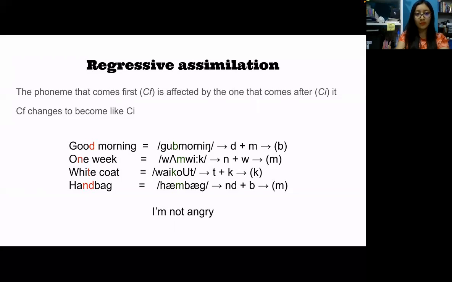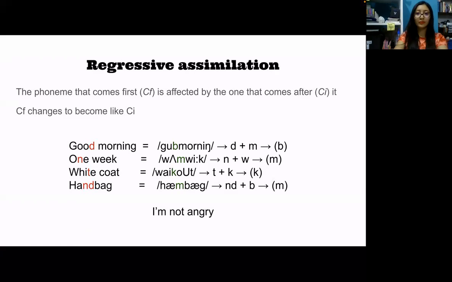So we're going to say good morning instead of good morning. Same happens with one week. The N sound will become an M sound. In white coat, the T sound will become a K. And with handbag, the ND sound will become an M.